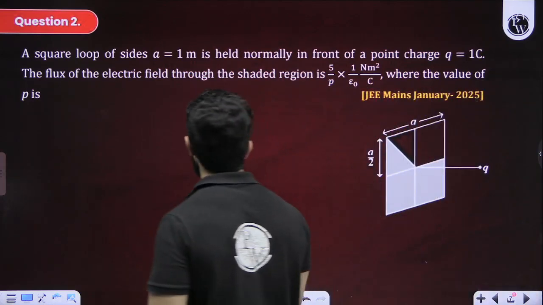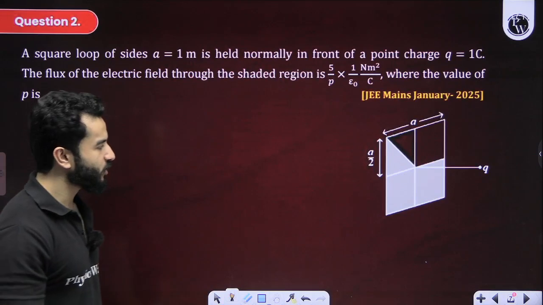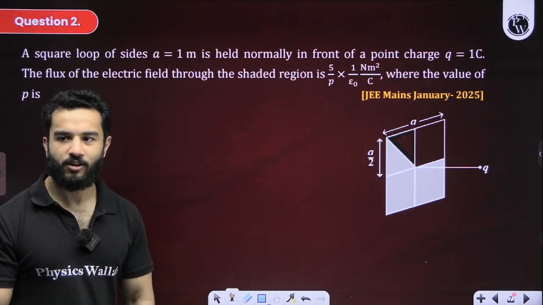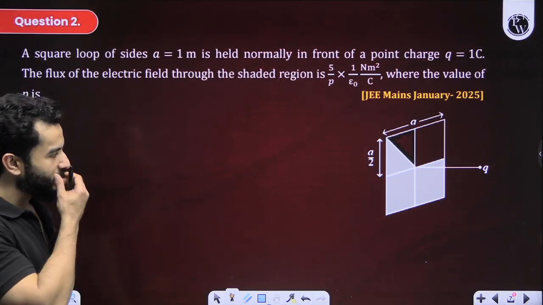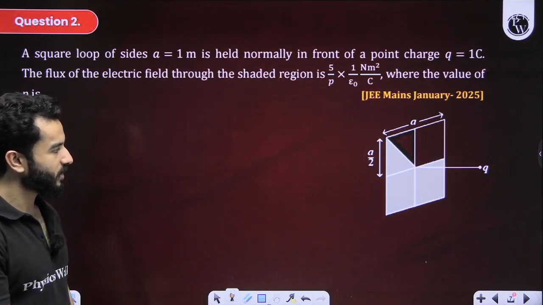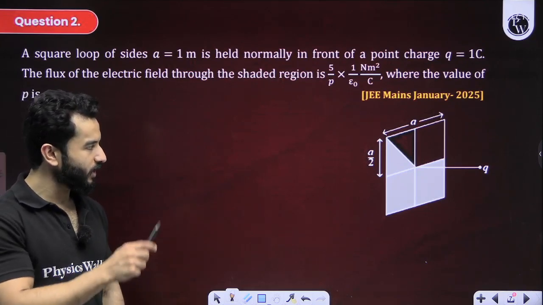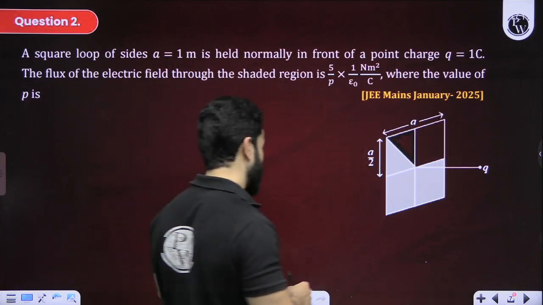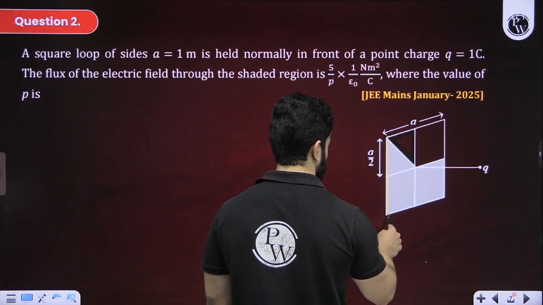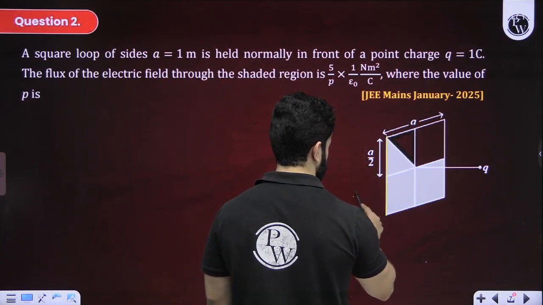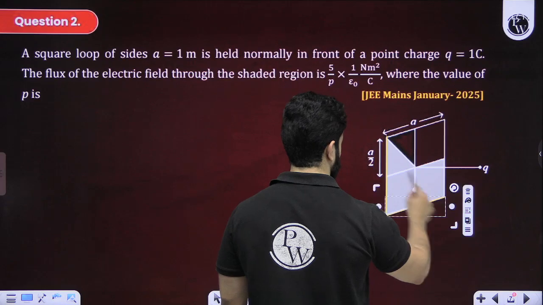So we have to find out the value of P. First of all, let's find out the flux with the shaded region. My dear friends, let's suppose we want to know the flux with the total region. Total region means this total region, this one.